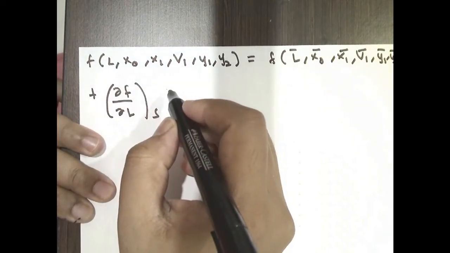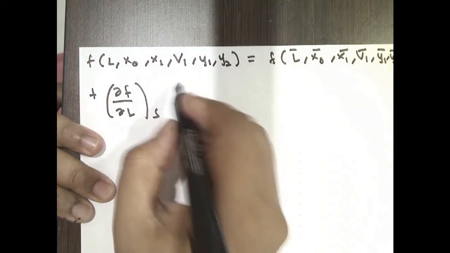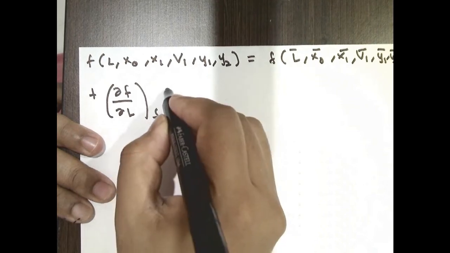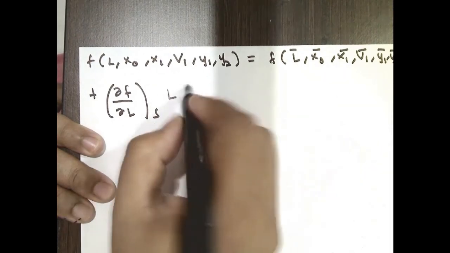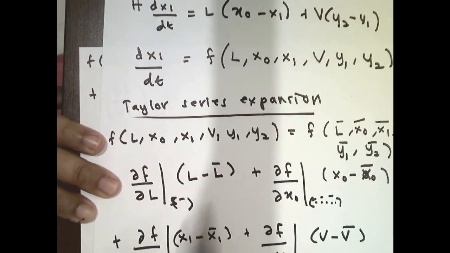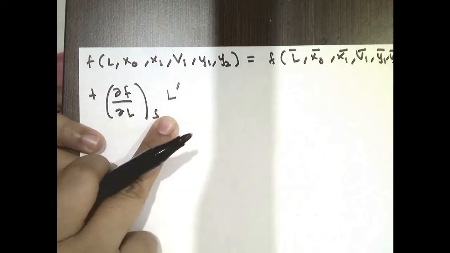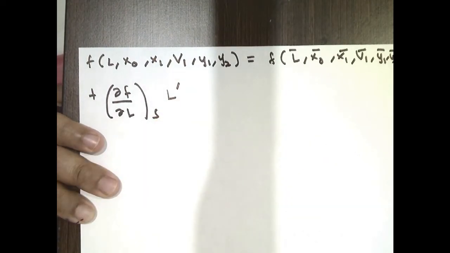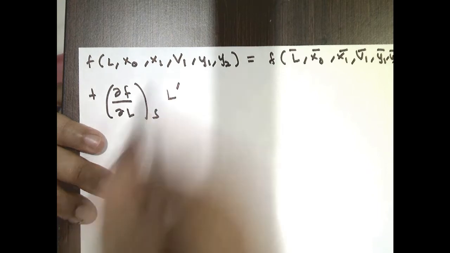Now you must change it into deviation variable prime. Because just now it is L minus L bar, right? So this one is equal to L prime, the deviation variable. So just do it for all.